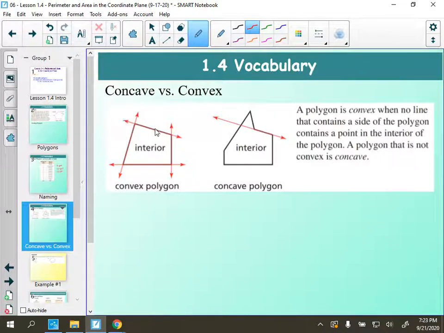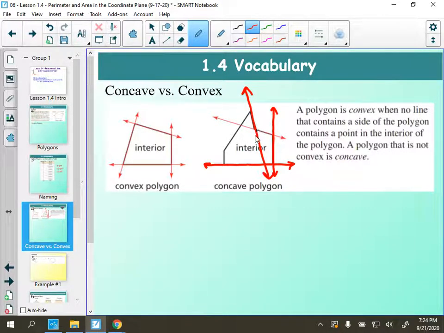They never go into the figure. That's going to be true here for a lot of the sides. So if I add some of these other sides, definitely this side, there's the line, just like before. Here's another line, containing the side. But there are a couple of sides where if I extend a line and I say, oh, wait a minute, hold on, we're passing through the interior of the polygon, that's what makes this a concave polygon.